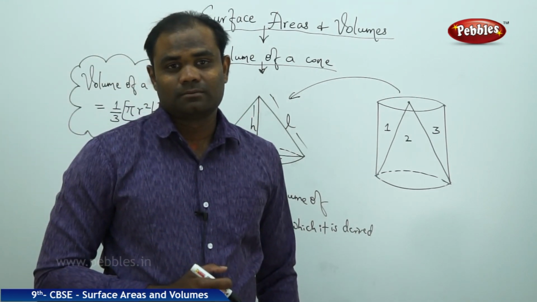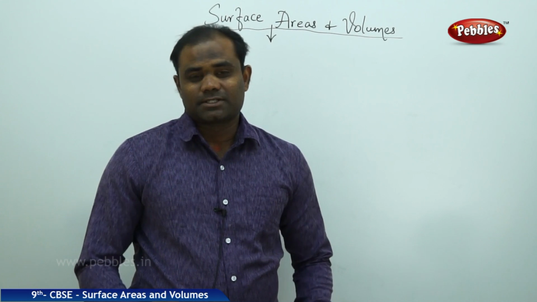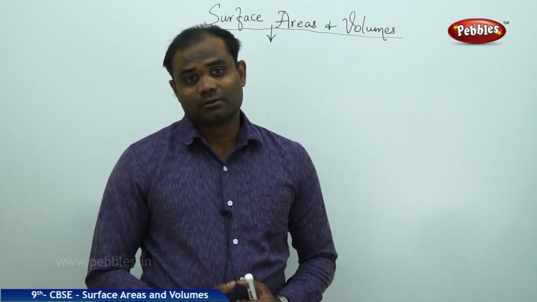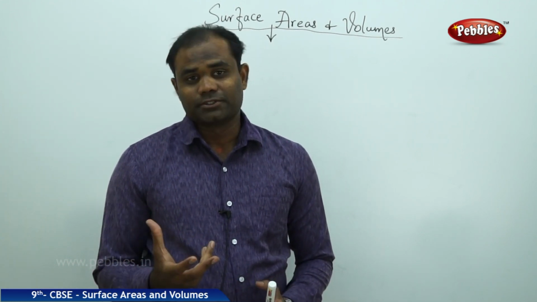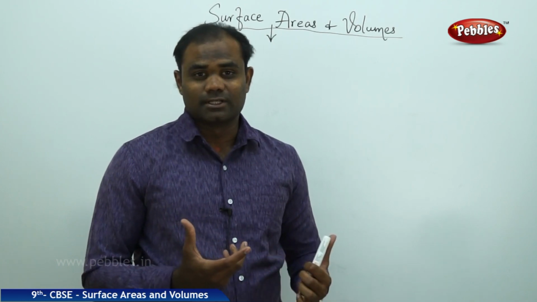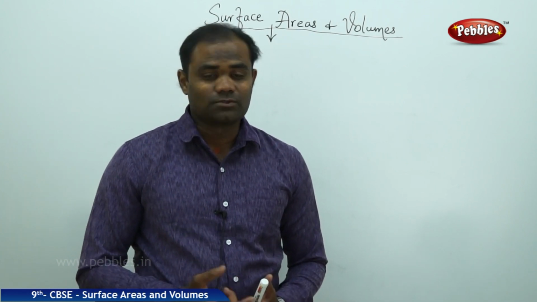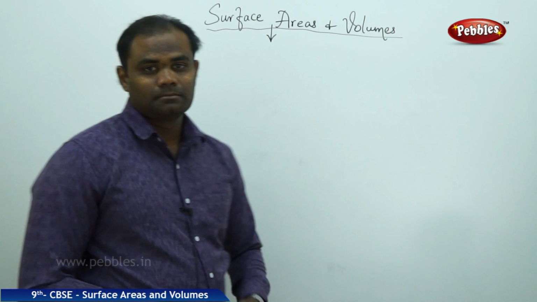Now that we have discussed a cylinder and a cone, the last geometrical solid figure which we're going to discuss now is a sphere. What would be the volume of a sphere is today's session.